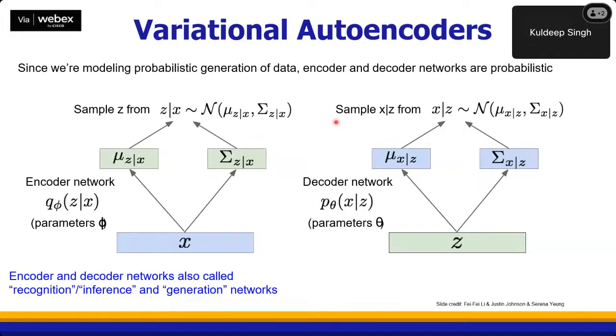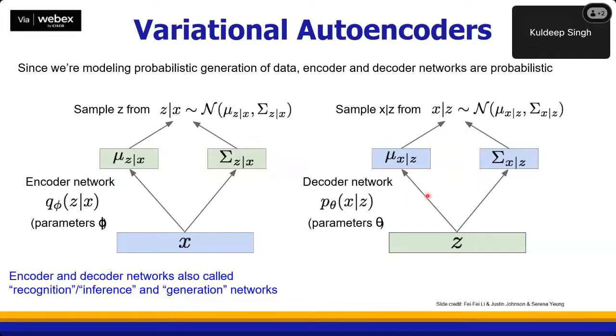Now, this encoder network and this decoder network are doing different tasks here. In other words, we can say this encoder is a recognition or an inference network. However, this decoder is the generation network. Why so? Because this decoder is generating new data from this latent representation Z. However, this encoder network is giving us a feature representation which can be further utilized for recognition or inference.